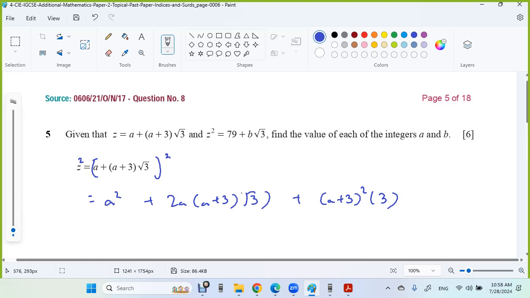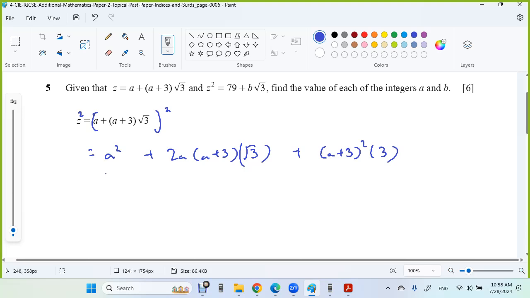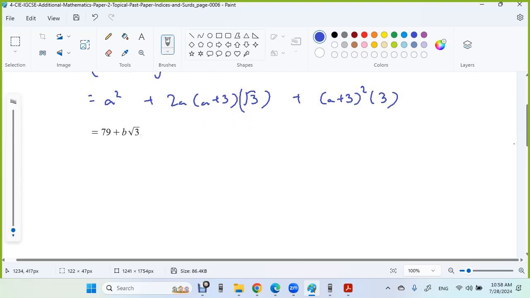Okay, 2a plus 3 square root 3. So over here, this is equal to this one. So we compare the terms that without the square root 3.